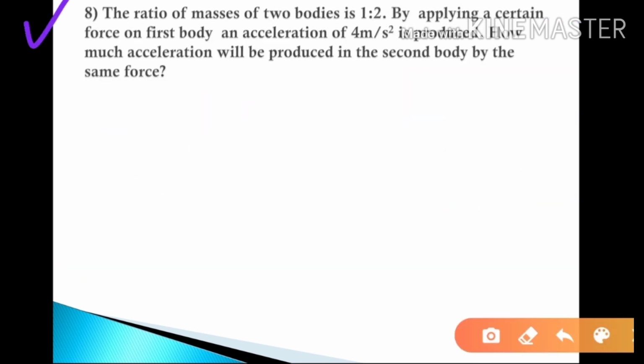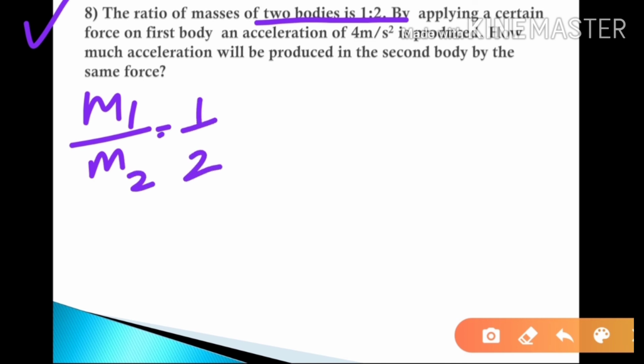Now our next question is, the ratio of masses of two bodies is 1:2. It means m1 upon m2 is 1/2. By applying a certain force on the first body, an acceleration of 4 meter per second square is produced.